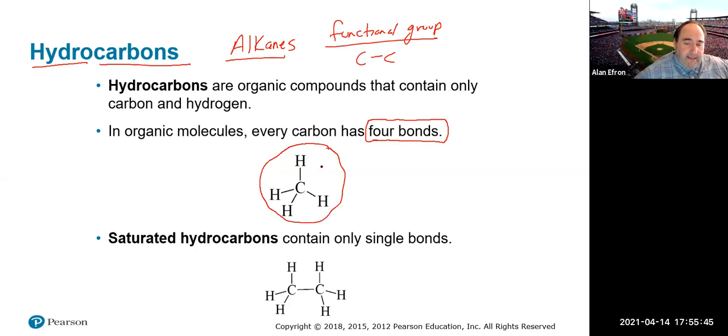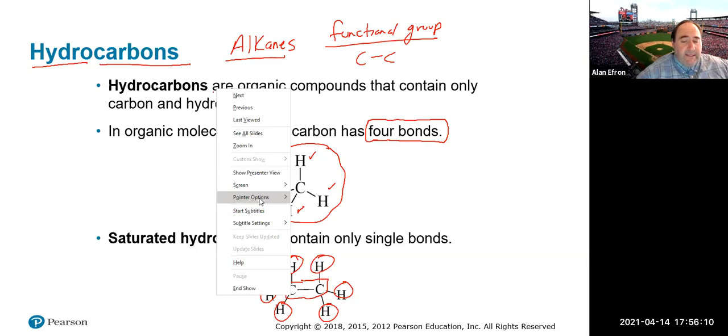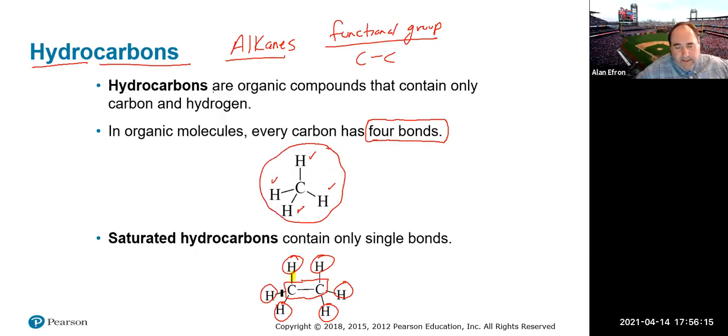It has the maximum number of hydrogens attached, which is 4. This one here is all carbons, all single bonded. Each of those carbons has the maximum number of hydrogens that it could attach. Now you might be asking, the one on the bottom only has 3 hydrogens attached, and that's okay because in this particular case, it has 1 hydrogen, 2 hydrogen, 3 hydrogen attached.